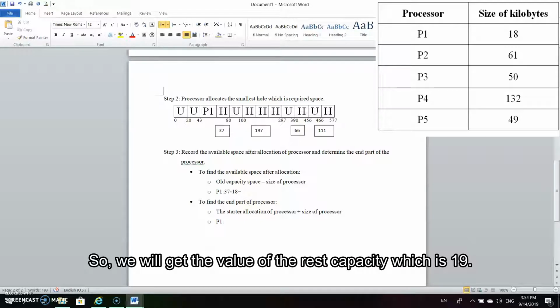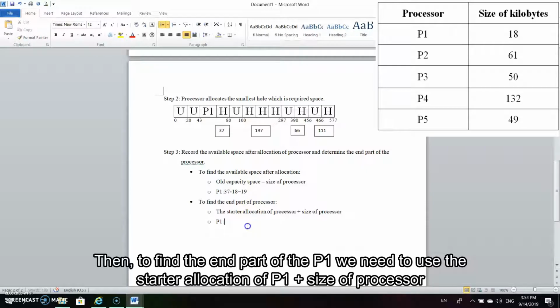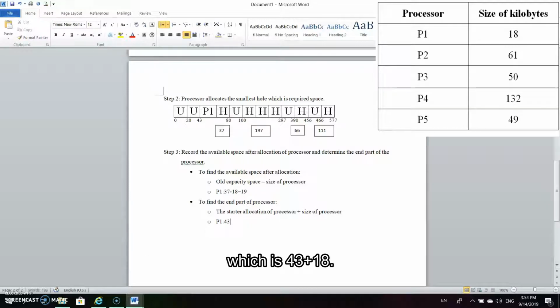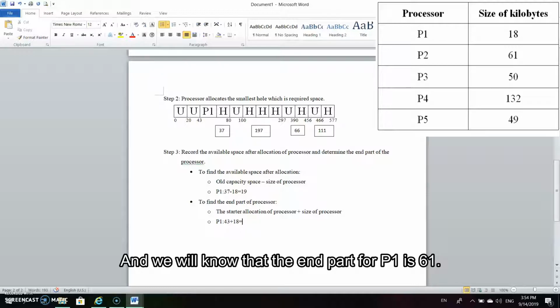So we will get the value of the rest capacity, which is 19. Then, to find the end path of P1, we need to use the start allocation of P1 plus the size of the processor, which is 43 plus 18. And we know that the end path for P1 is 61.